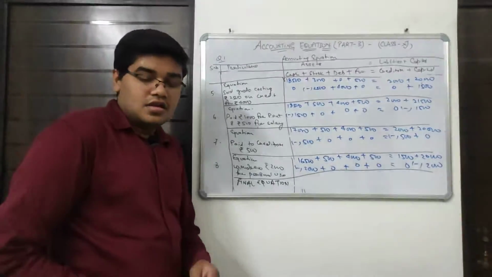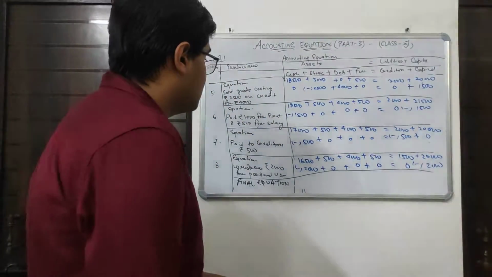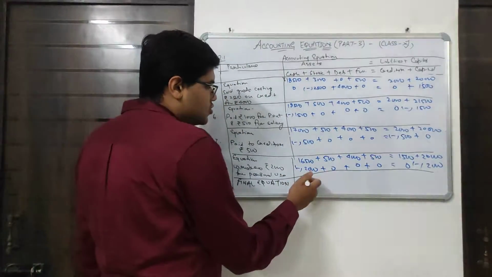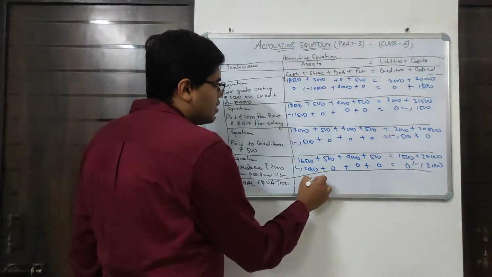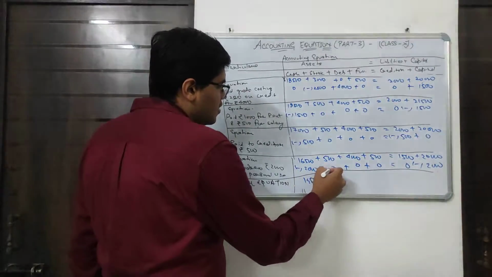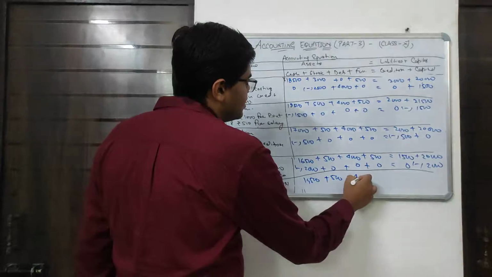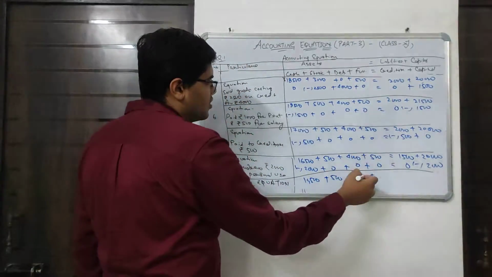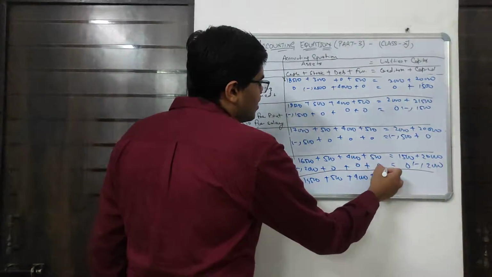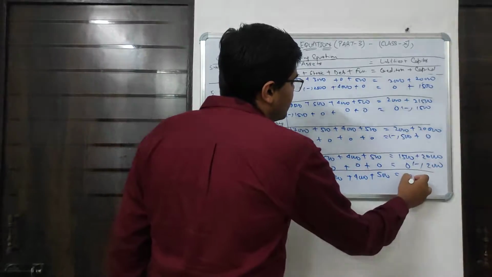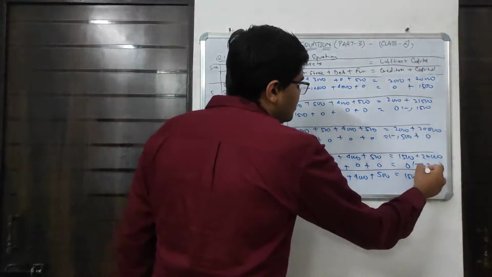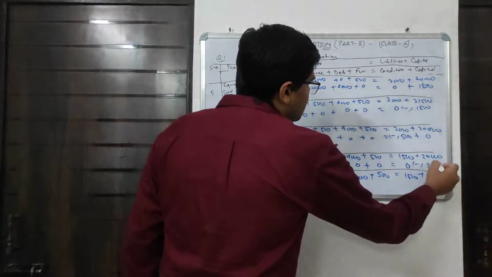So let us see, 16,500 minus 2,000, that is 14,500 in cash, 500 in stock, 4,000 in debtor, and furniture 500, 1,500 in creditor, and 18,000 in capital.